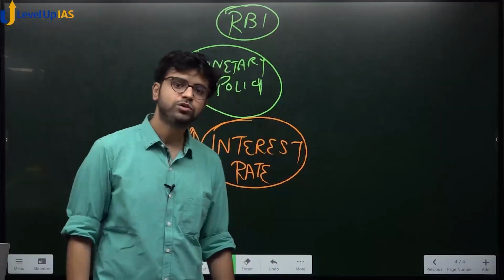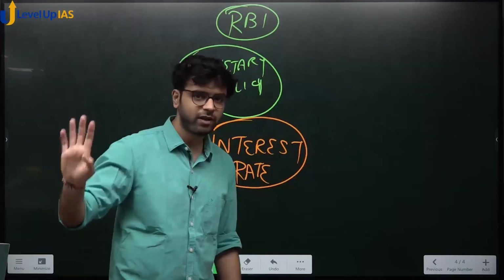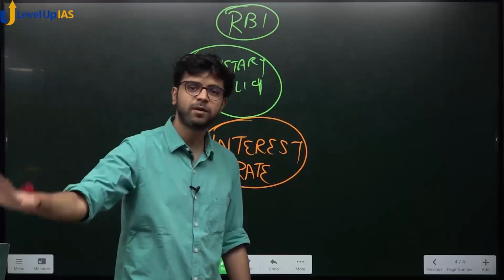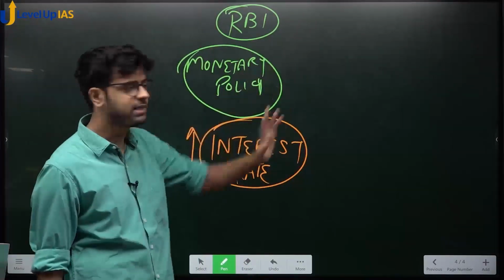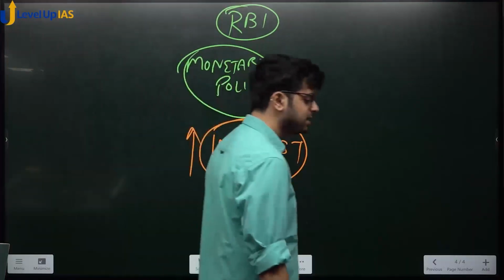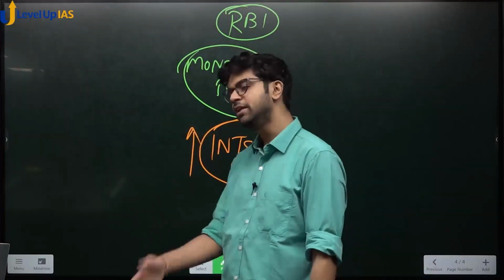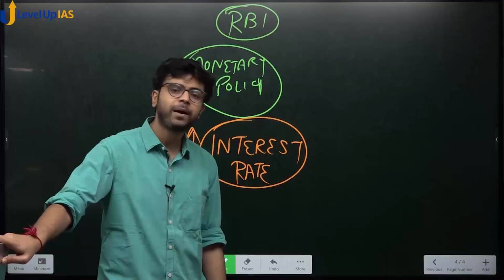Yes or no? So can I say that when government increases tax rate, less purchasing power is available with the consumer? When RBI increases interest rate, less purchasing power is available with the consumer? Yes or no? Both are parallel in nature: government increasing tax rate, RBI increasing interest rate. When RBI increases the interest rate, the money available for borrowers, consumers, anyone, becomes costly.